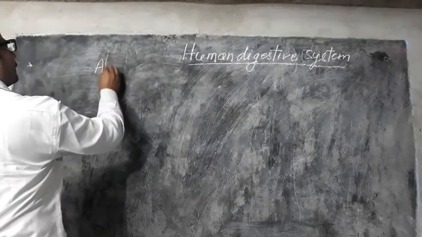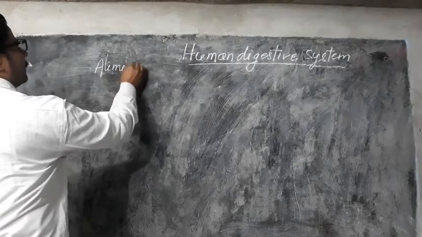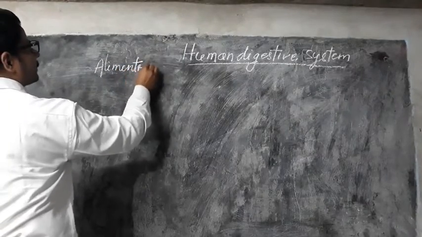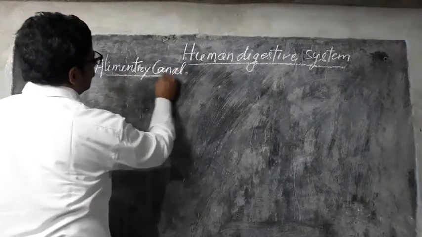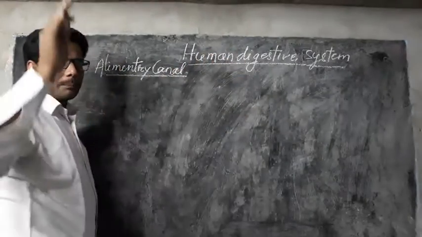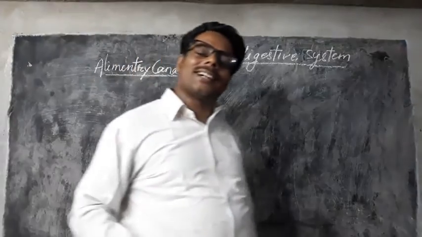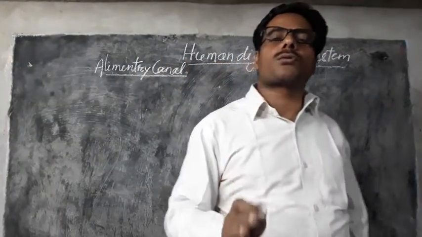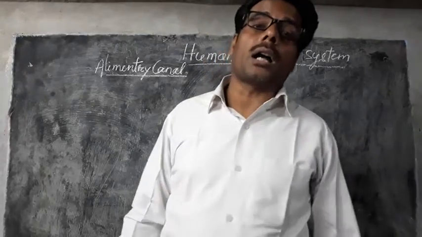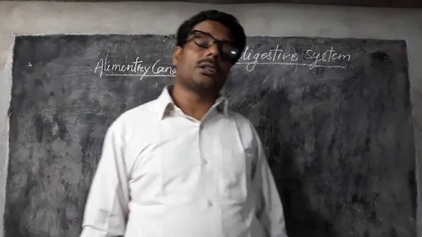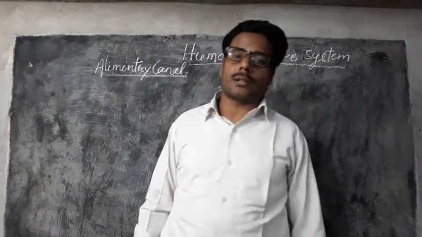We know that alimentary canal means pathway, passage through which our food has to pass. Let us understand what are the parts involved in the human digestive system.